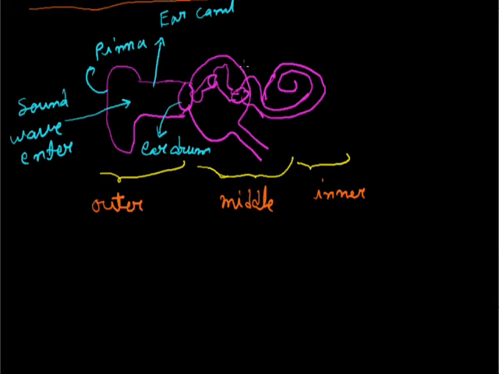Now in the middle part there are three teeny ear bones. You are looking here, three teeny ear bones. First we say hammer. Second we say anvil. And the third bone we say stirrup.